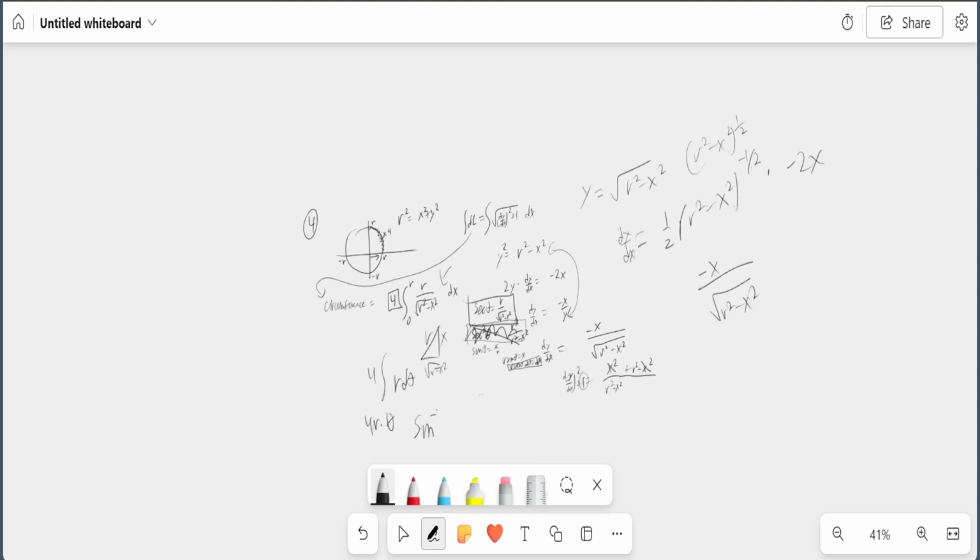Sine inverse x over r, 4r from r to 0, which is equal to 4r sine inverse 1 minus sine inverse 0. So that's 0. Sine inverse 1 is pi over 2. So that is 2 pi r.